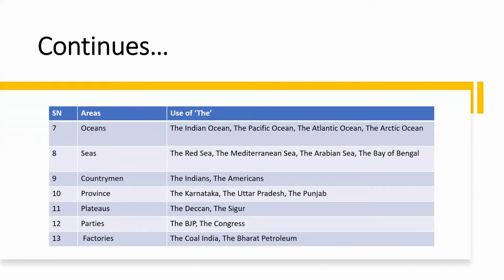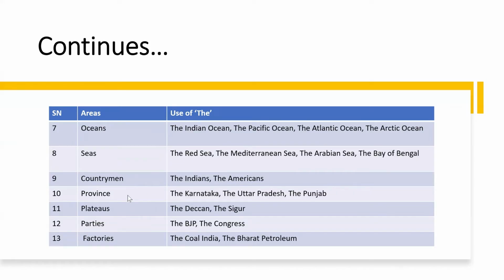Now, the other areas are before all the oceans: the Indian Ocean, the Pacific Ocean, the Atlantic Ocean, the Arctic Ocean. We make use of the. Before all the seas: the Red Sea, the Mediterranean Sea, the Arabian Sea, the Bay of Bengal. Before the countrymen: the Indians, the Americans.